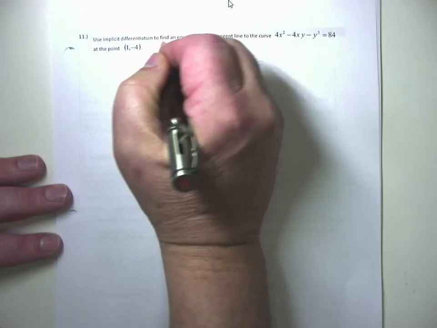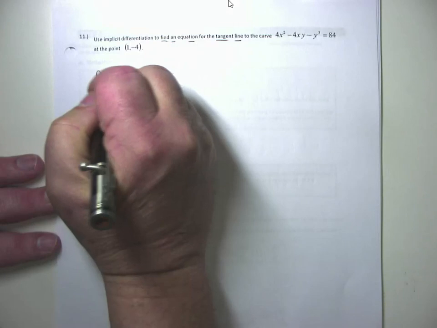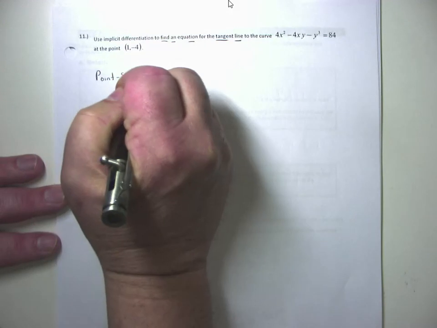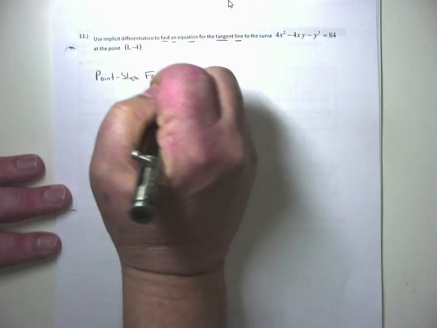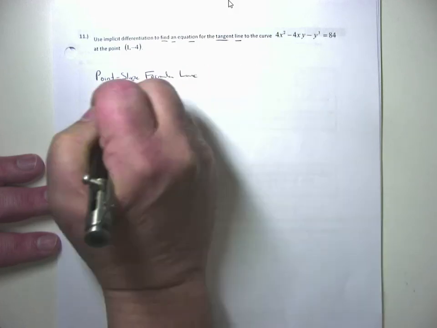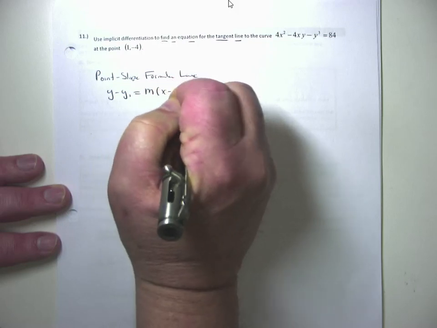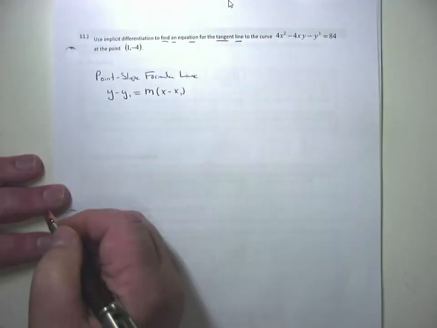First things first. Anytime you hear the words find the equation of the tangent line, what are you going to use? I've been trying to program you on this one. Point slope. So you've got to have the point slope formula for a line, which is y minus y1 equals m times x minus x1. That's my goal.